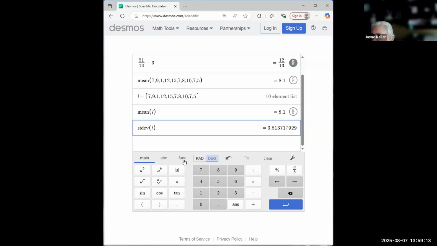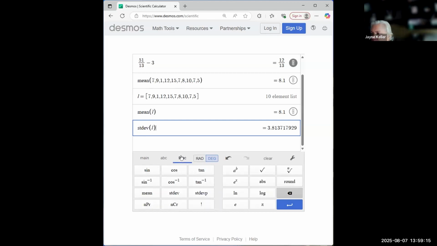I don't think it does any of the other ones, so we'll do those by hand, but let's just check. So this is what this calculator will do for us. These are the functions. The other ones are not the hard ones, but those are the most computationally intensive. So that's the mean and the standard deviation. Questions about getting those?